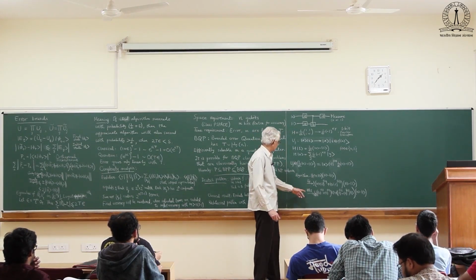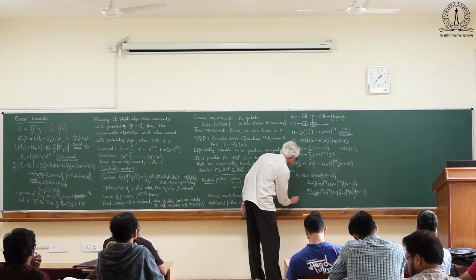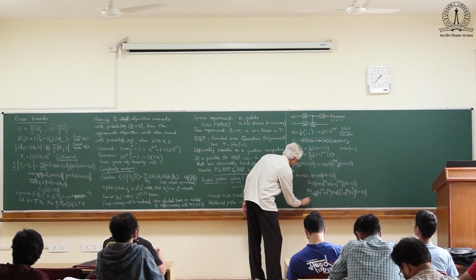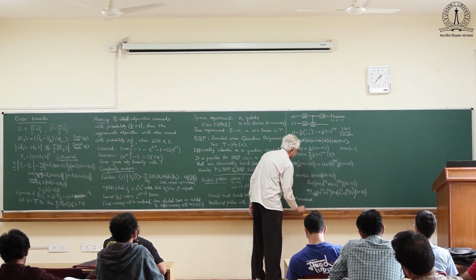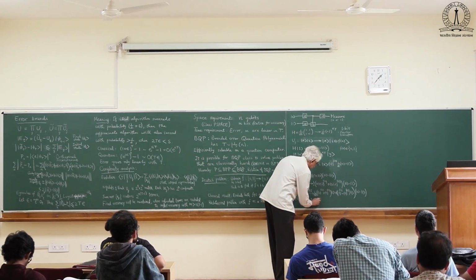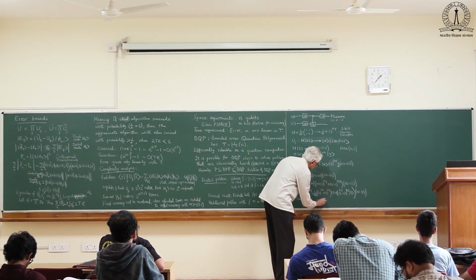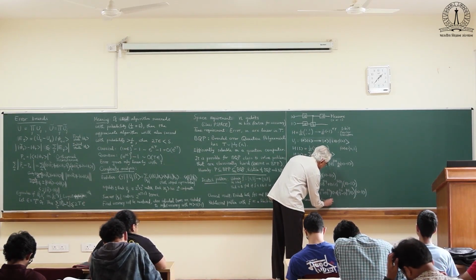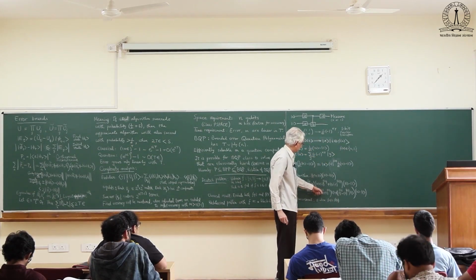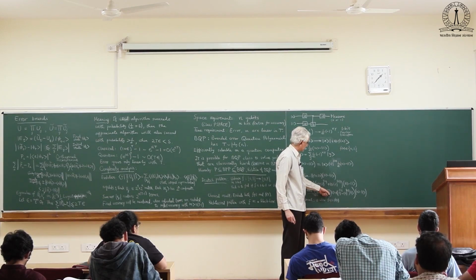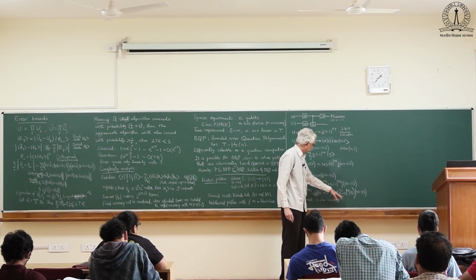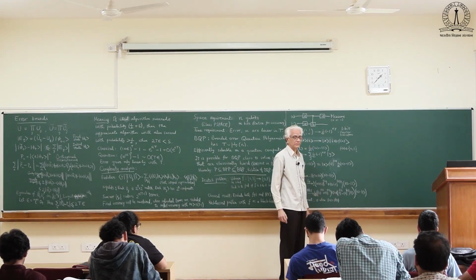And so now you measure. If f of 0 is equal to f of 1, there are only two possibilities. This will vanish and you will get the result 0.